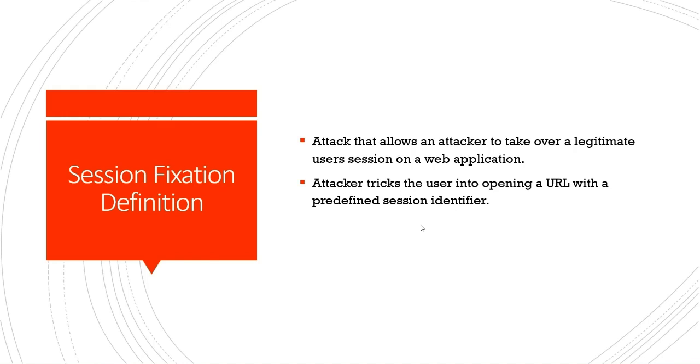So what will the attacker do? The attacker will send a link, a tempting link, like a buy one get one offer, with a valid URL. Suppose it's Flipkart or any e-commerce application that you know and use.